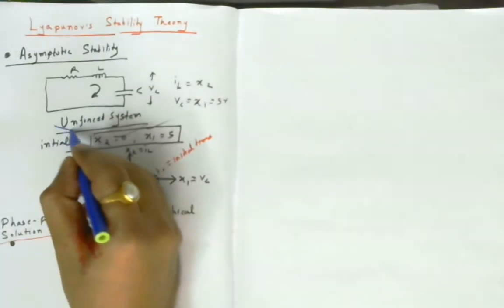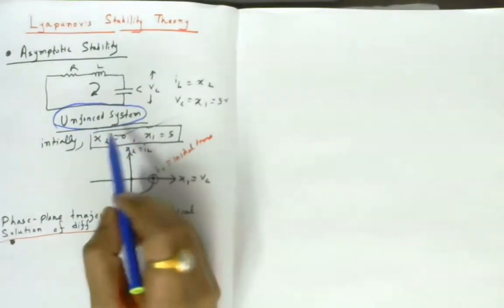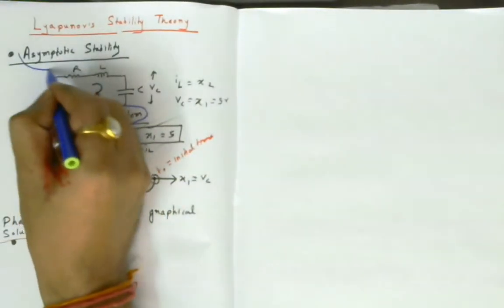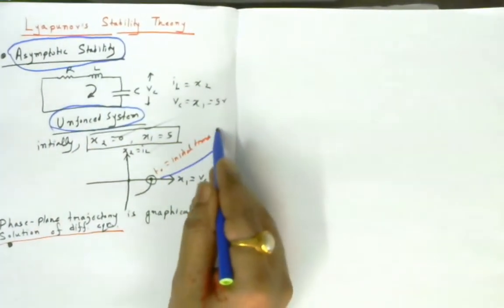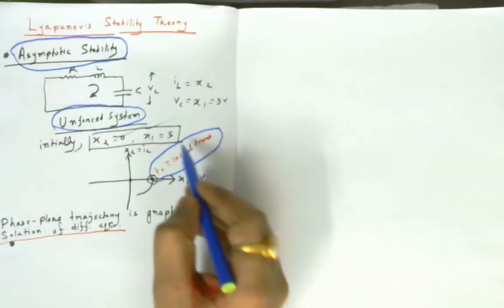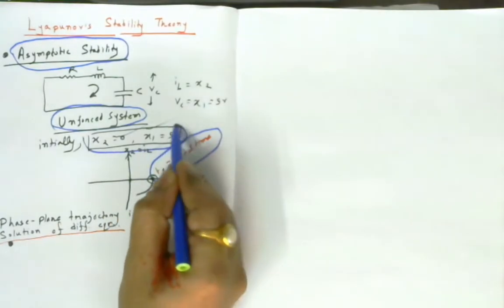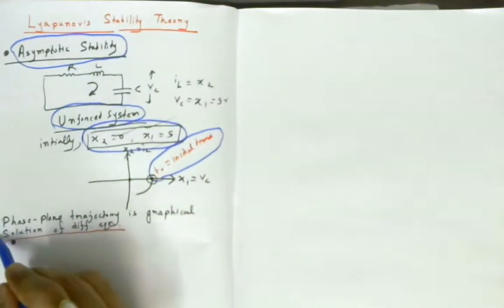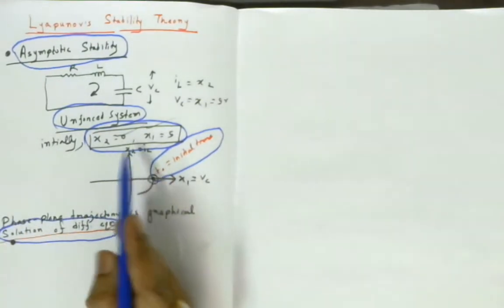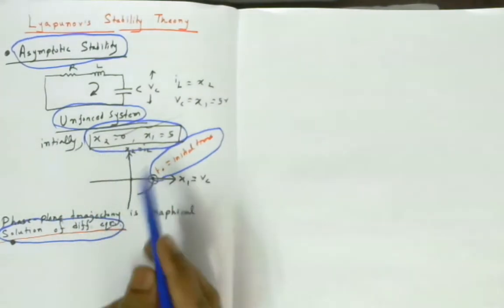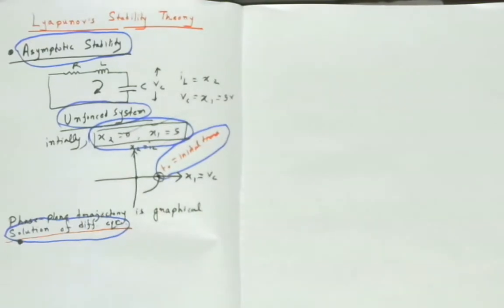That's why I'm again highlighting these points with the blue sketch pen: unforced system, asymptotic stability, initial time, initial condition, and solution of the differential equation. I will bring up these points several times while discussing Lyapunov stability theory.